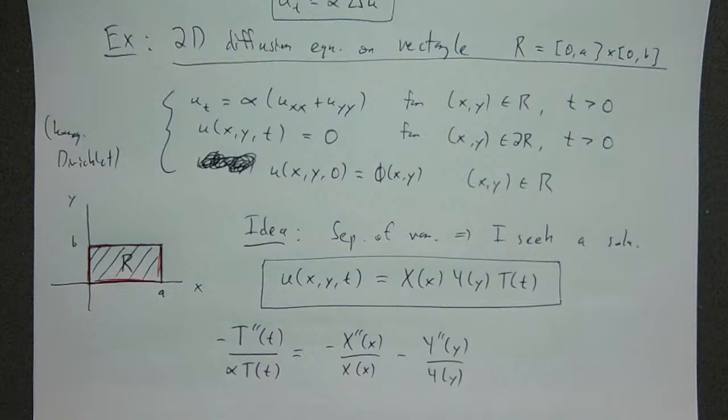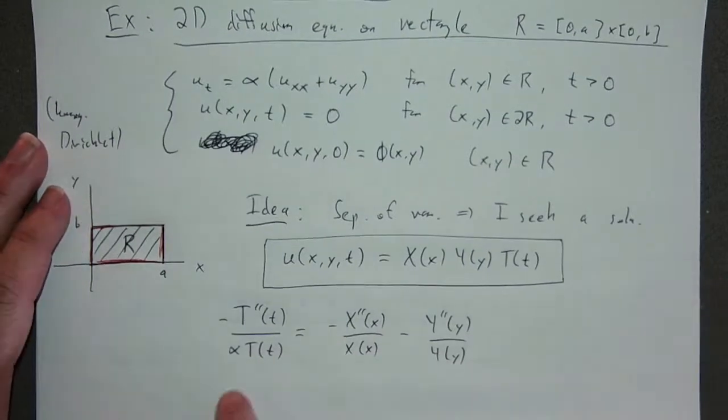Okay. And so I have the time variables here, the space variables here. Well, if these two things are equal for all t and for all x, y, then what's the first thing I can say?